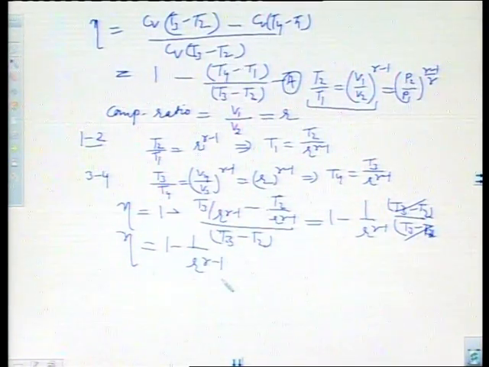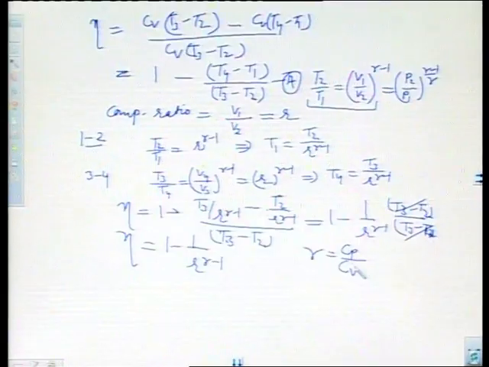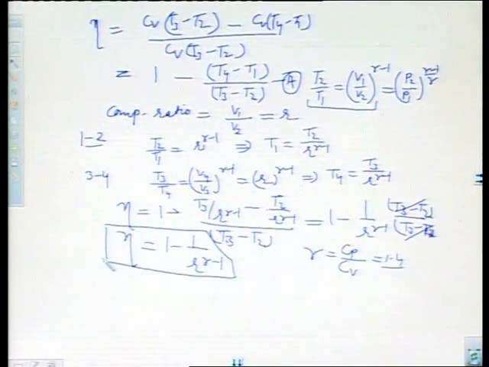Now, here gamma is nothing but the ratio of the specific heat at constant pressure divided by specific heat at constant volume. It is generally equal to 1.4, the value may be varied. Now, this is the relation for air standard efficiency of Otto cycle.